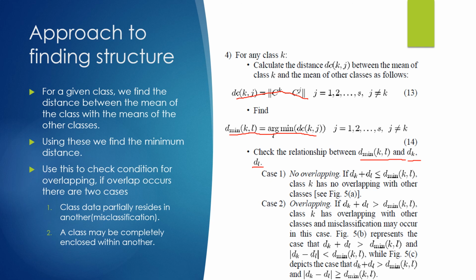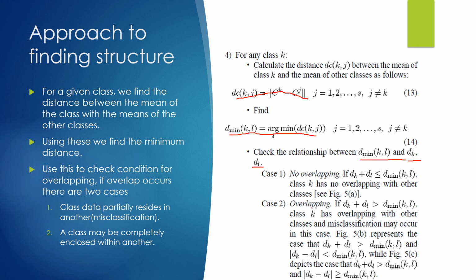If it's less, there is some margin between the two clusters. If it's equal, it's a border case in which circle K and circle L are touching each other but not overlapping.